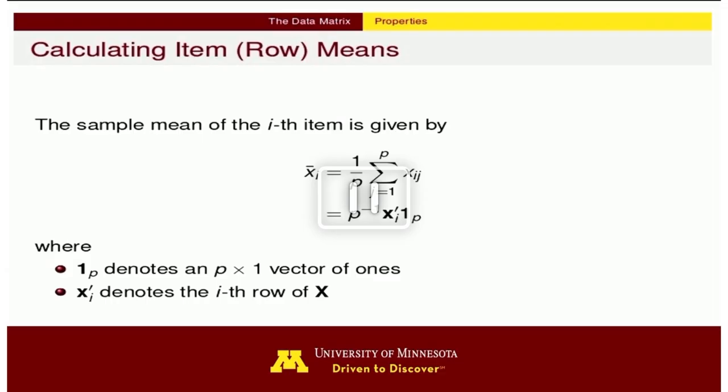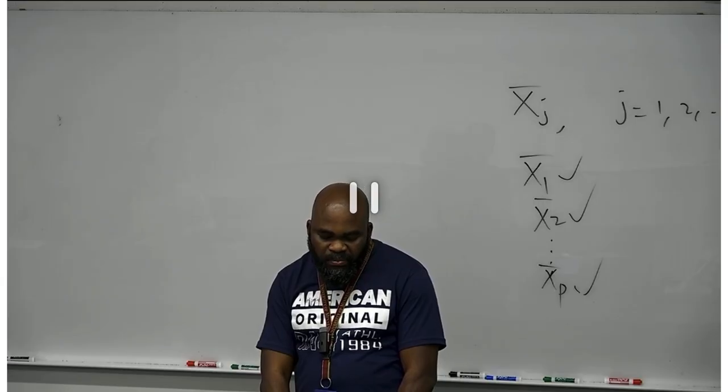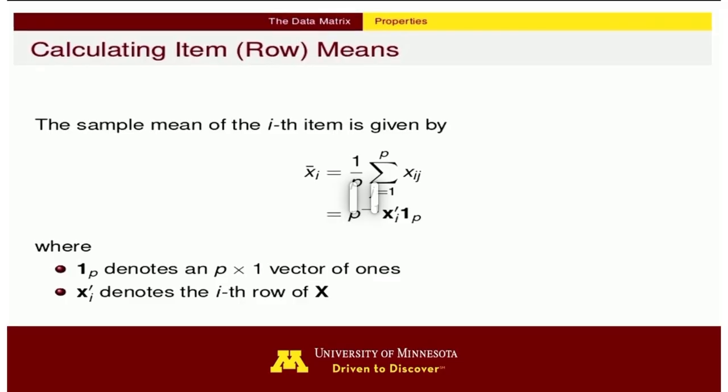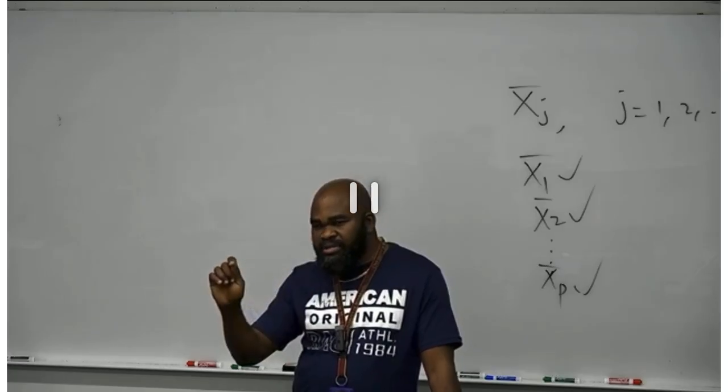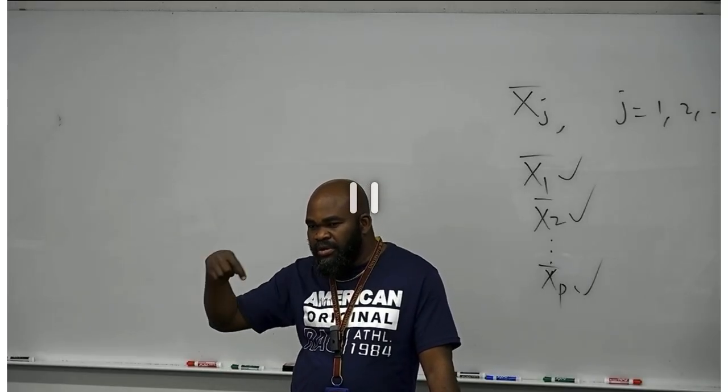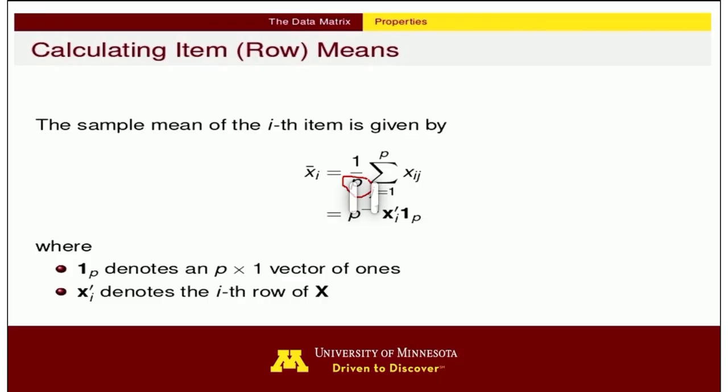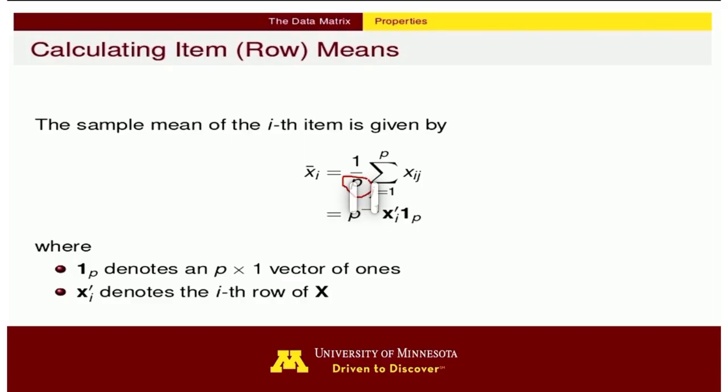In that situation, the number you divide by points to the number of variables. You divide by p, because this time the focus is on the average for a particular individual. You take into consideration the value measured on each variable and add them all. That's why you divide by p, and of course in matrix form.